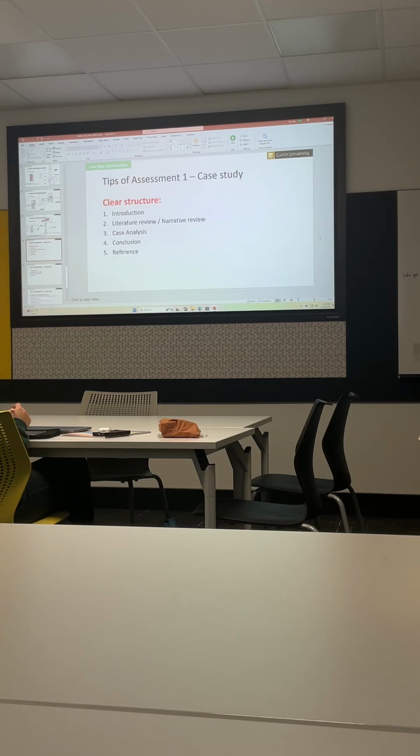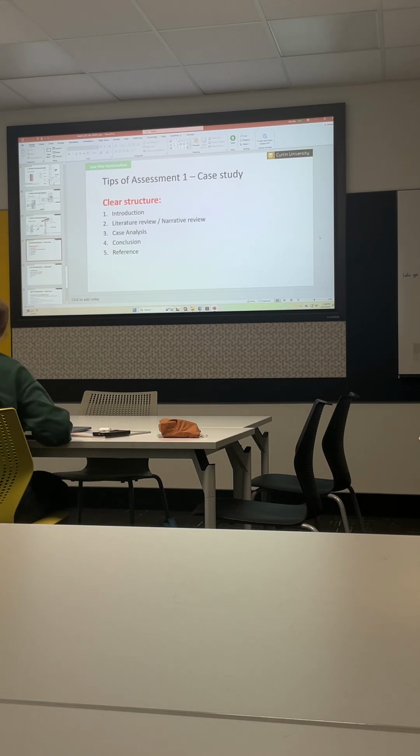The reference won't count towards the words, right? So you will have 4 major sections that will account for the words. Then 2,500 words, if divided by 4 evenly, you will have 650 words for each section.